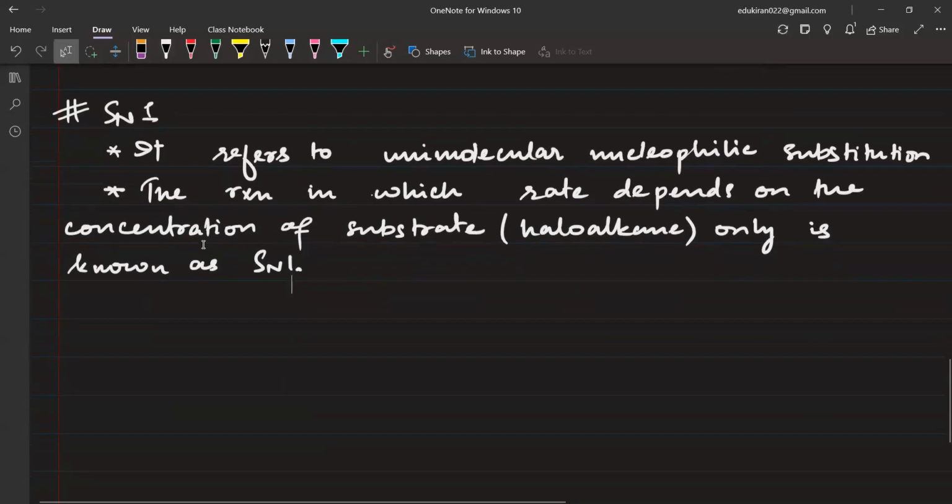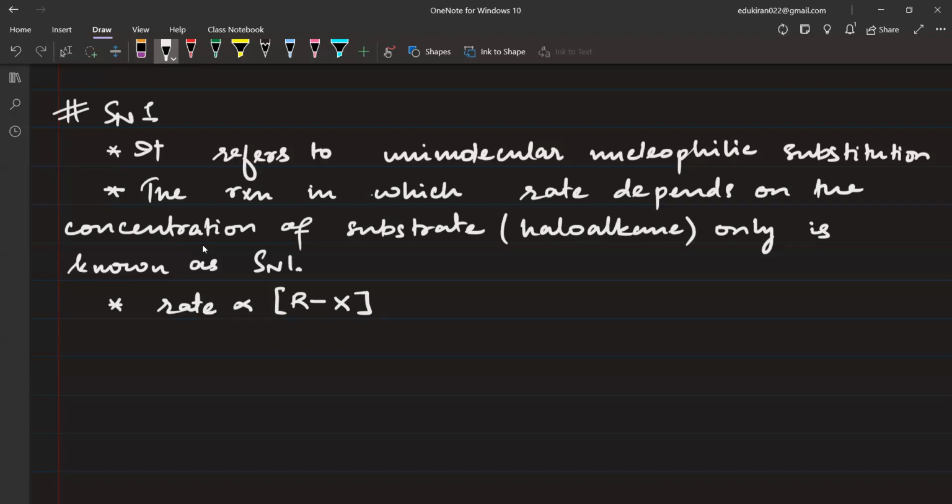Now, in this case, the rate of reaction is directly proportional to only what? The concentration of the substrate.